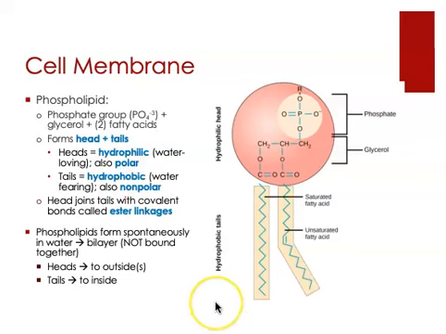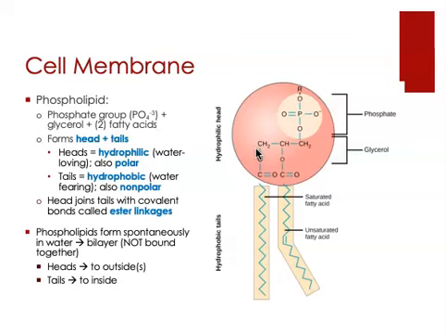All right. Now, the other thing I want to mention is this term, ester linkage. The way that the two fatty acid tails with their carboxyl groups attach to the glycerol molecule is through what we call an ester linkage. All an ester linkage is, is a covalent bond. It's a special type of covalent bond.